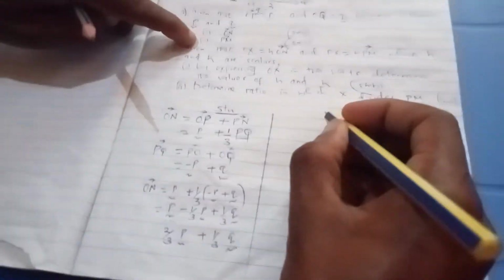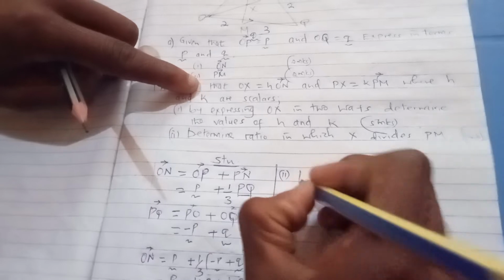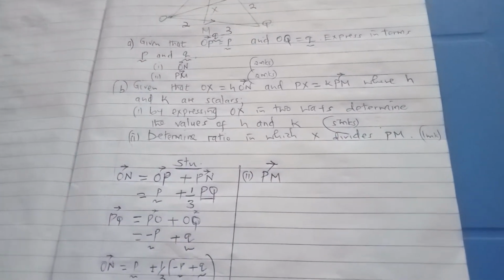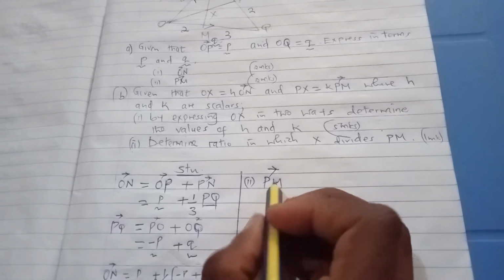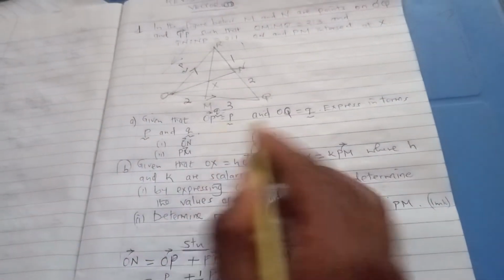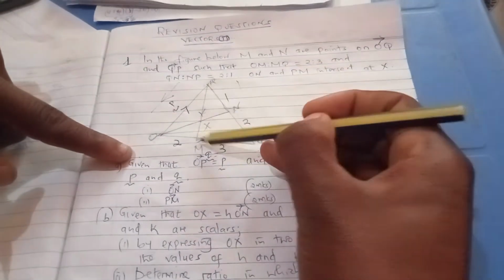Then the other one is Roman 2, whereby we are looking for vector PM. We want to move from P to M using vectors P and Q. So that is our direction, PM.